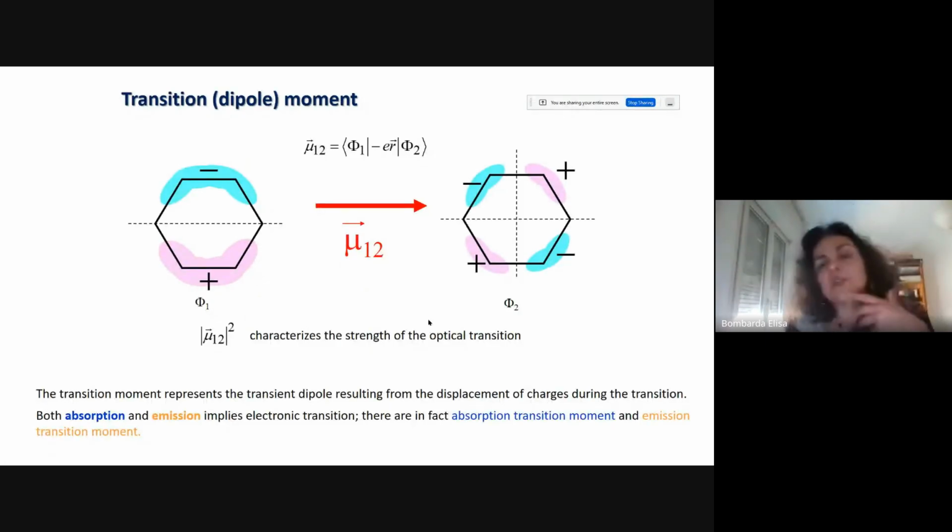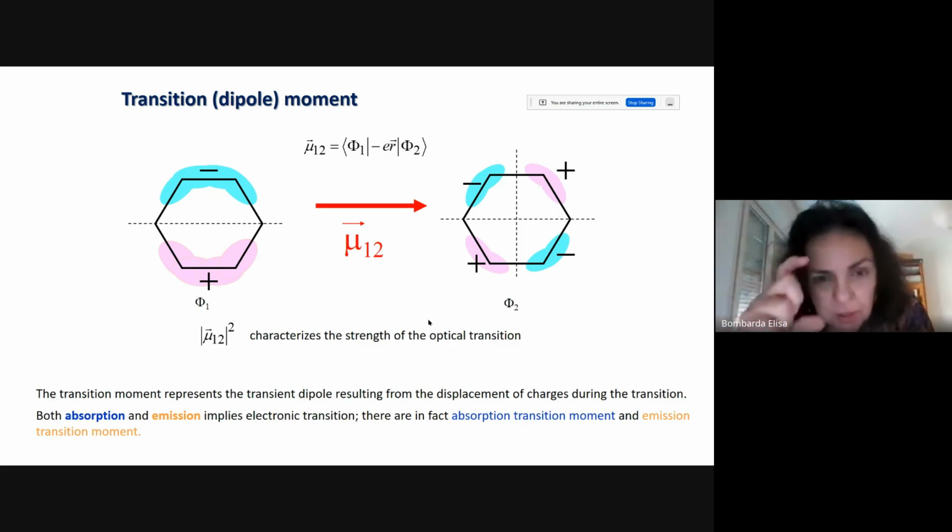So let's go to molecular systems. Yes, we have to define the transition dipole, because that's what we are working on. So the dipole is a direction of polarization. A dipole has a direction.